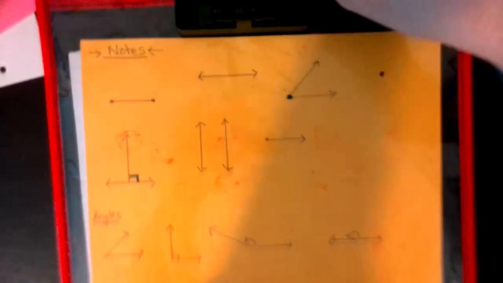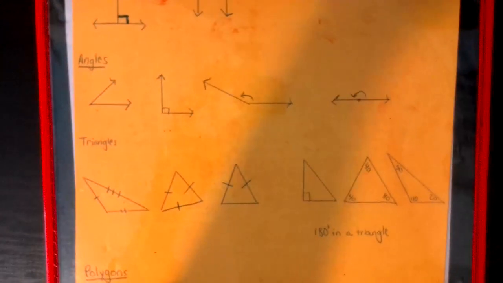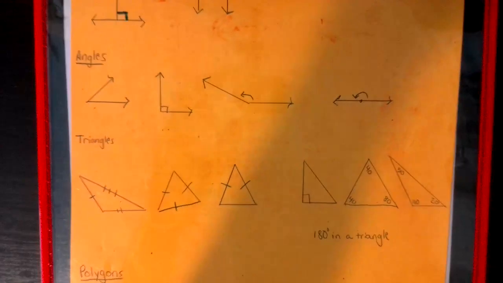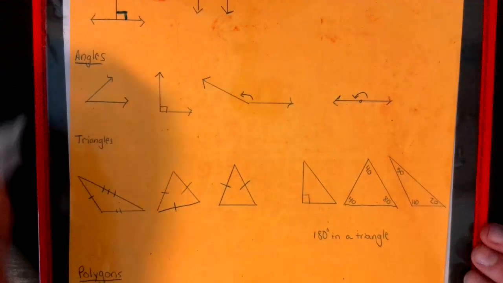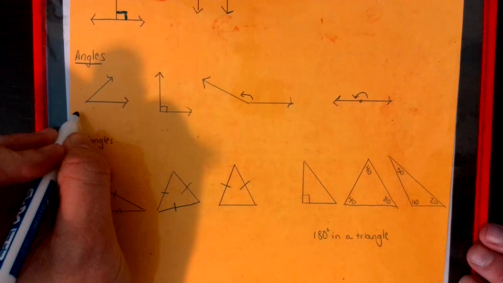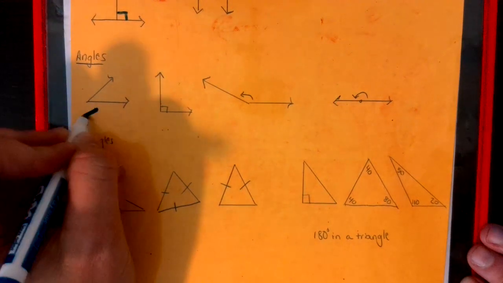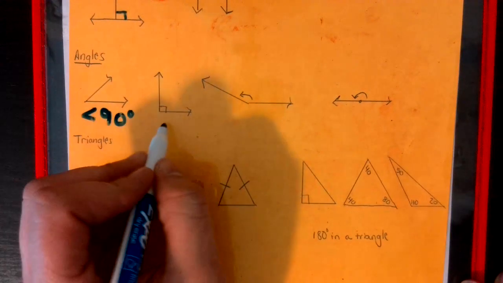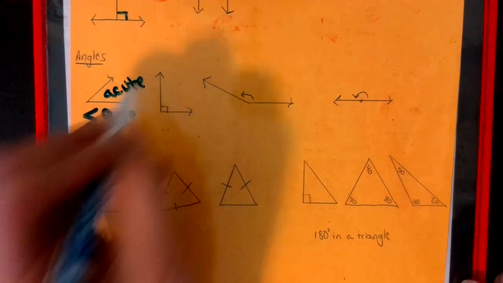Moving on. These are considered angles. Okay, so let me clear up that a little bit. Angles. This is an acute angle. An acute angle is less than 90 degrees. This is a right angle. Okay, so this is acute. This is right.